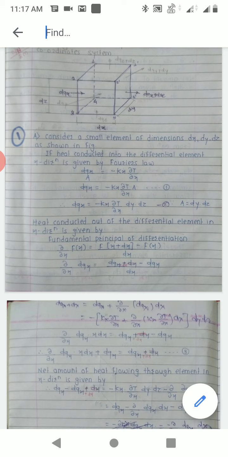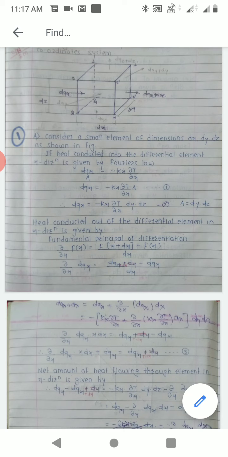Now if we see the figure, for the x direction the perpendicular area is the square 1, 2, 3 and 4. In the figure you can see that we are marking some corners as 1, 2, 3, 4. That square 1, 2, 3, 4 is the area through which heat is conducted inside the element in the x direction.